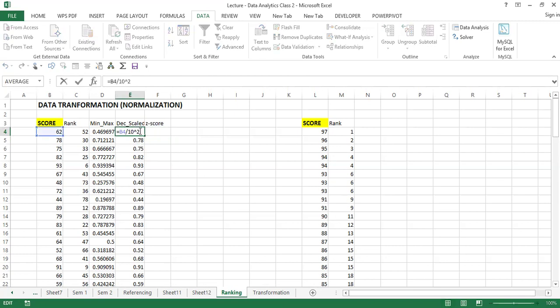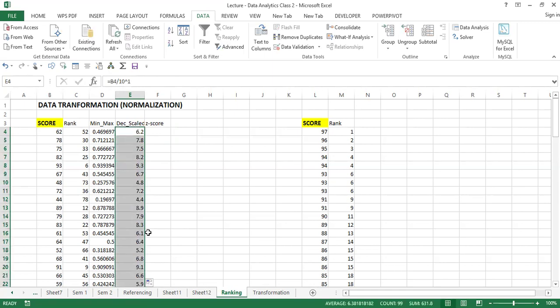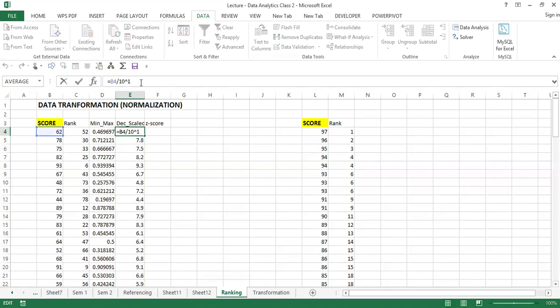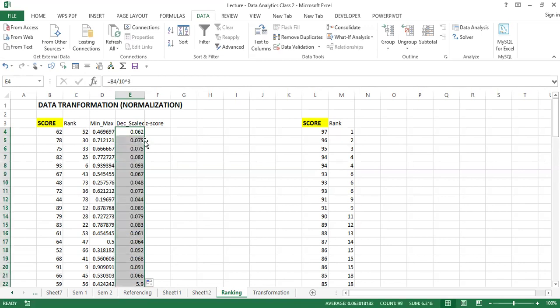If you want to get the points more clearly, for example, if you use 1 here, let's try it out and see, so you see what I'm talking about. If we use 1 here now, for instance, you see already some numbers are greater than 1, right? If we use 3, the numbers are too far from 1, too much lower.